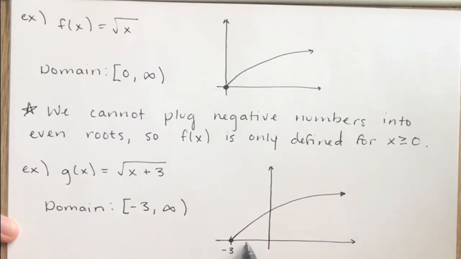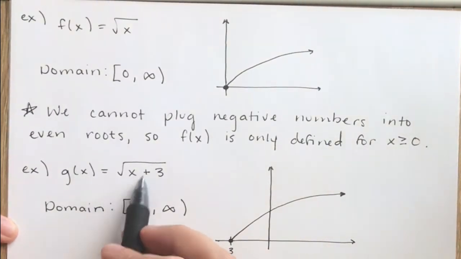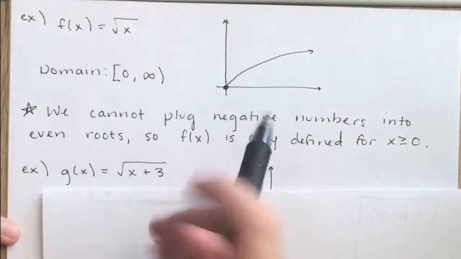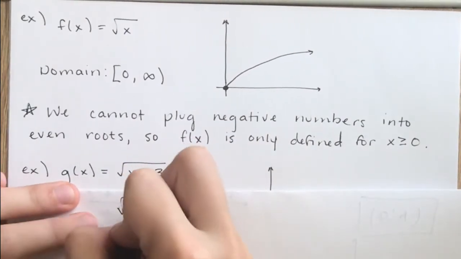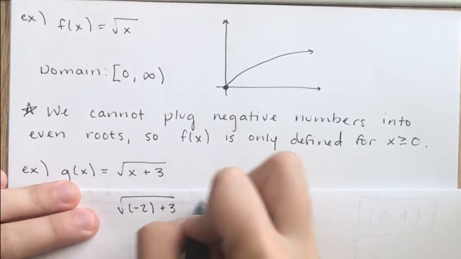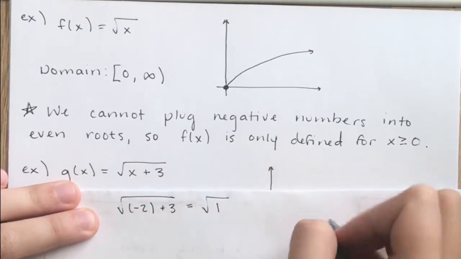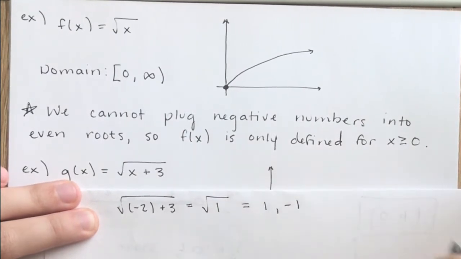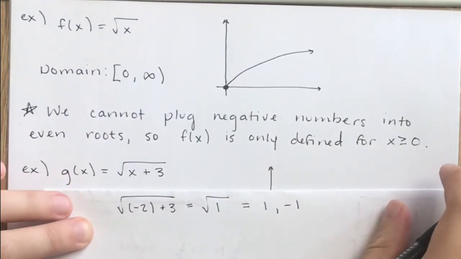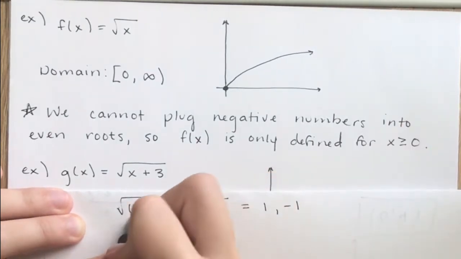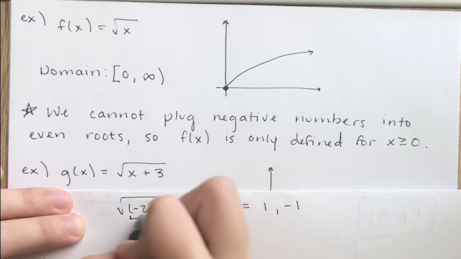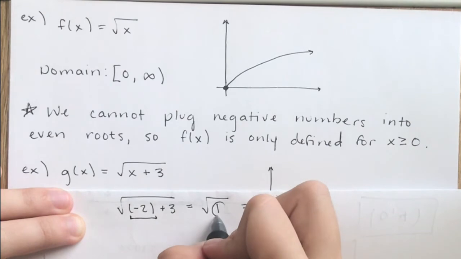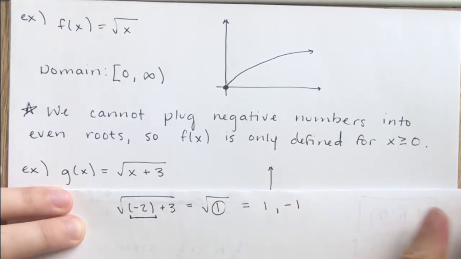But for instance, what happens when I plug in -2 here? -2 is of course a negative number, but when I plug it in, I get -2 plus 3, which gives me the square root of 1, which does have a solution, right? Actually 1, positive and -1. So because of that, we are allowed to plug in negative numbers as long as once you compute everything underneath, what ends up being the number is not negative.